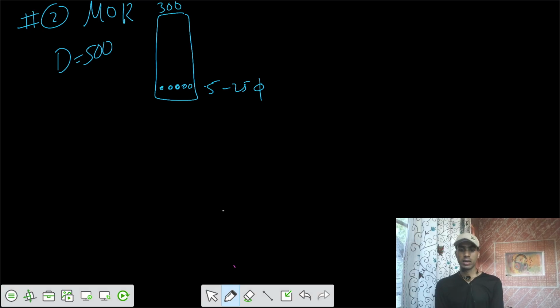There is some effective cover also, which I don't know, and the materials we have are M15 concrete and Fe250.